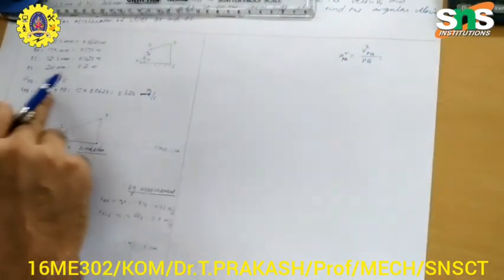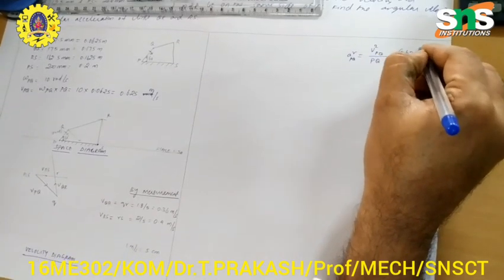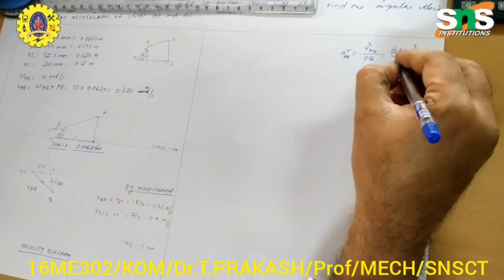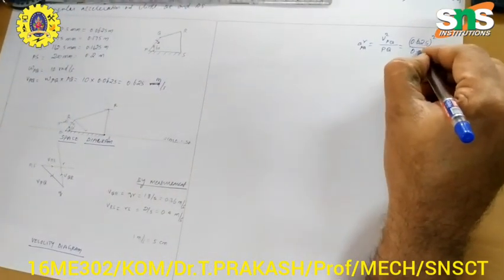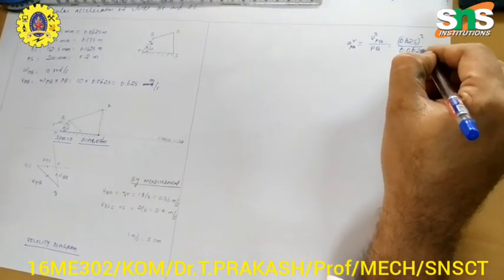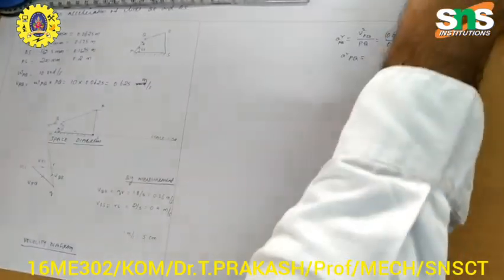Velocity value of PQ is 0.625 square divided by PQ. The PQ actual distance is 0.0625.